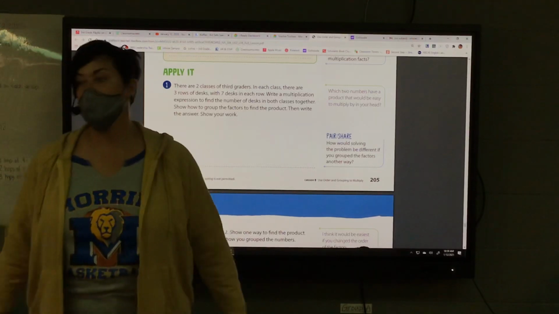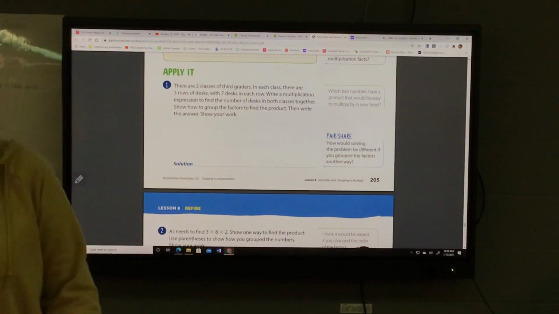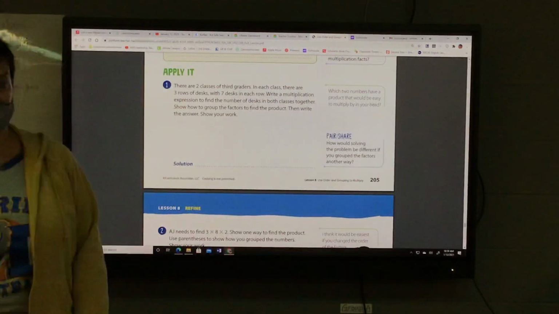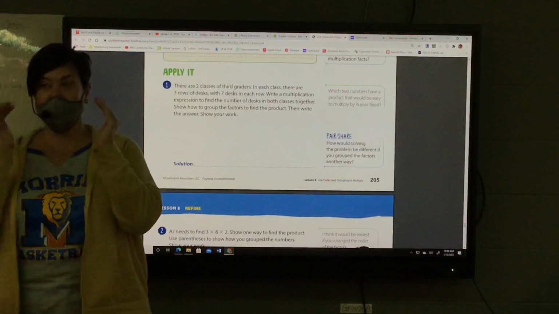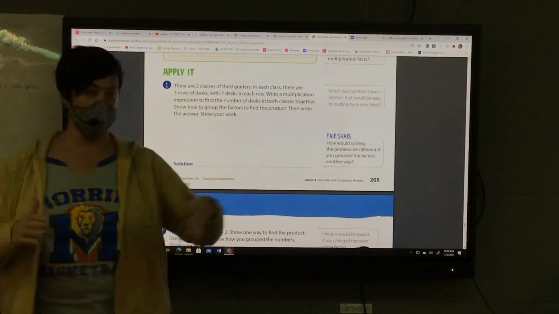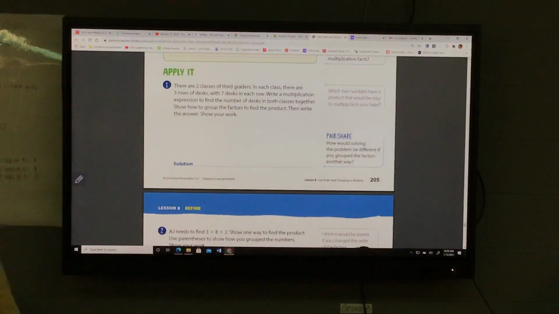Go ahead and create your multiplication expression right now. So what times what times what are you going to write? Do you need to do some grouping? Yes. And then go ahead and finish multiplying that out to find the product for problem 1.